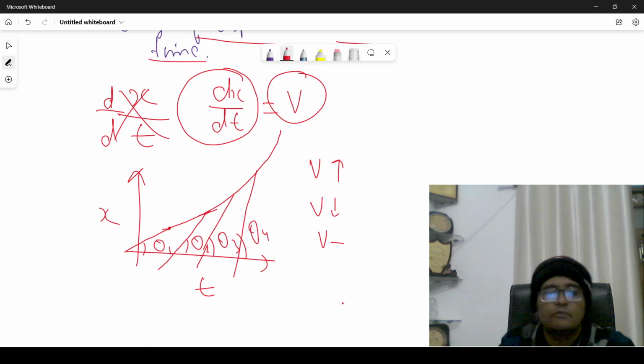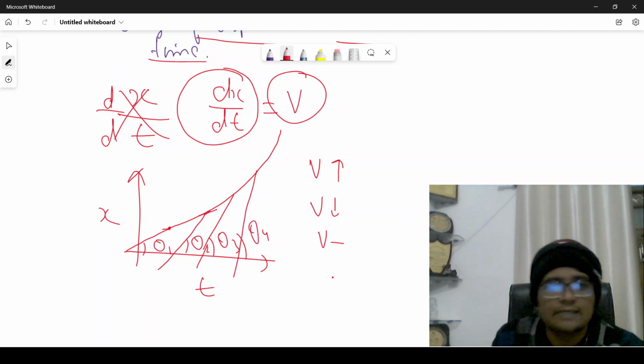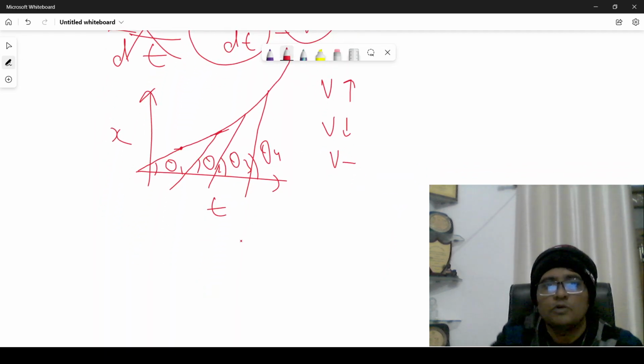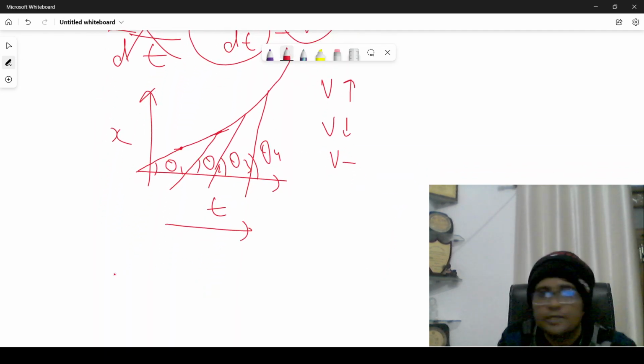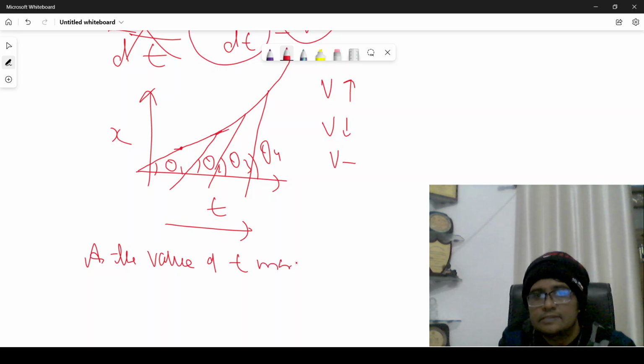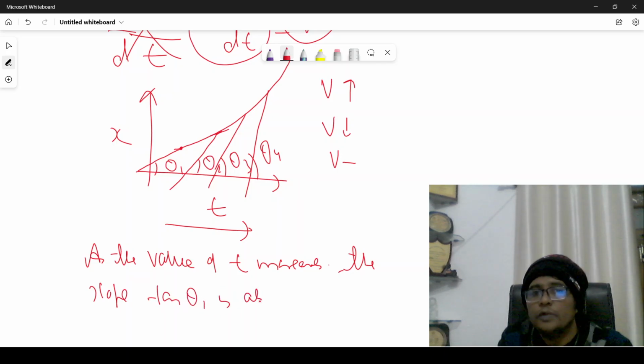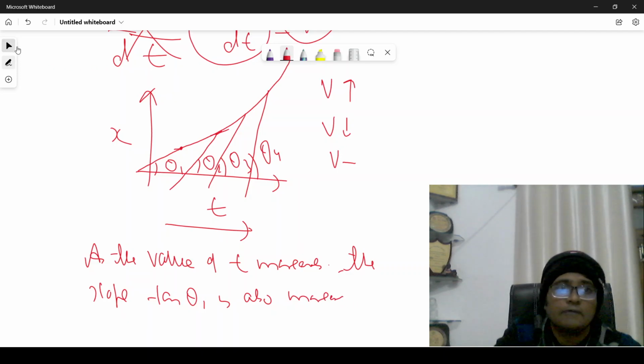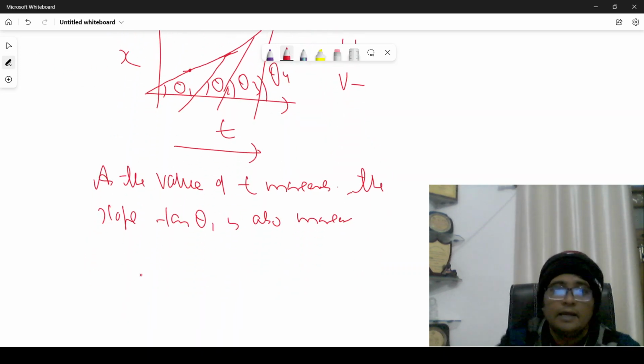What we see from here is that as we go further in the increasing value of t, as the value of t increases, the slope, that is tan theta 1, is also increasing. And what is the value of tan theta?